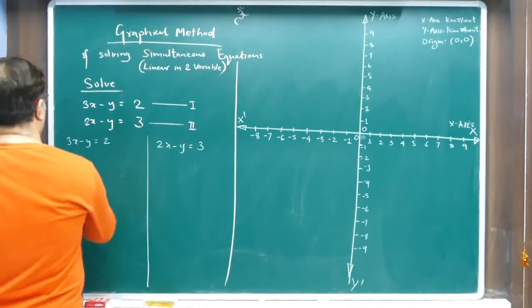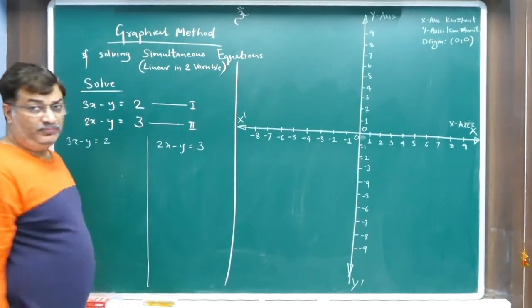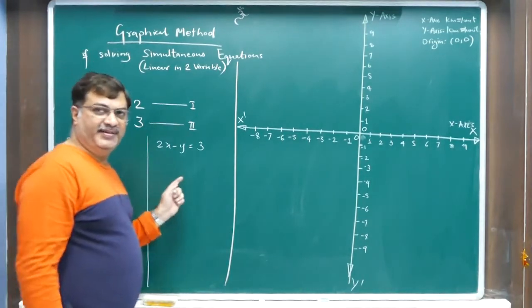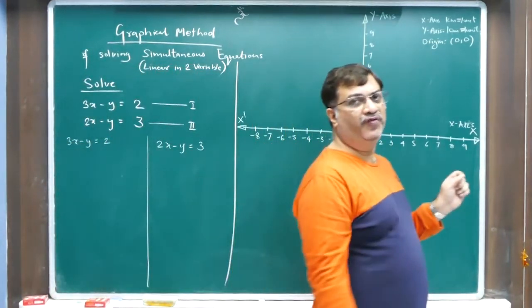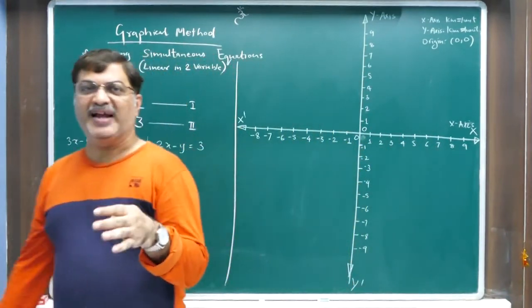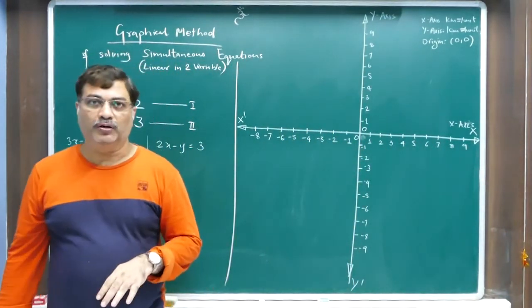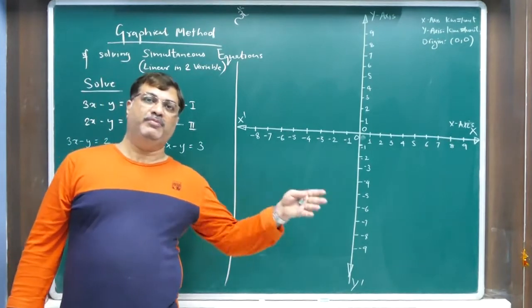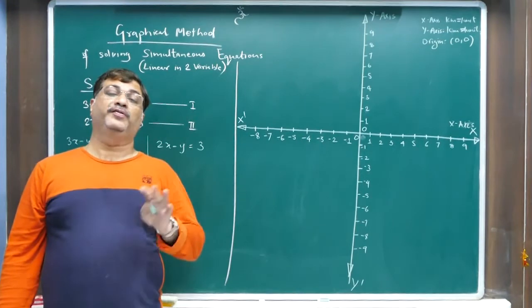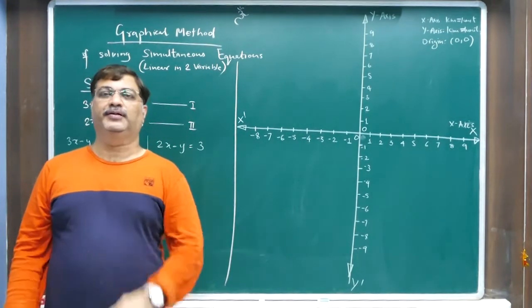In the coordinate table, you have to assume the value of x. As I said, you can assume the value of x as 0, 2 and minus 2, or 0, 1 and minus 1. Whichever value suits you, whichever value gives you the nearest answers, try and select that.